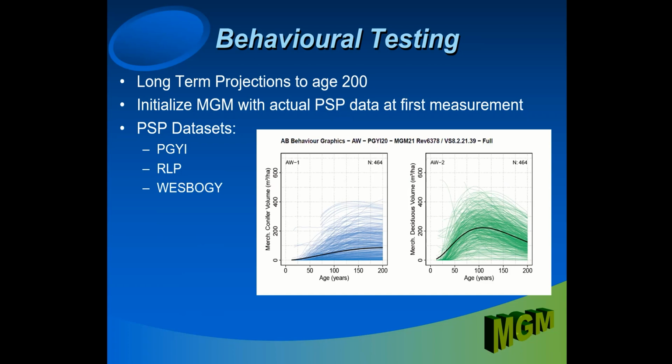But in general, you can see, is MGM plausible? Is it realistic? Are maximum yields reasonable? And through that whole process of approval, all of these had to get tweaked and worked through until everything was behaving well.